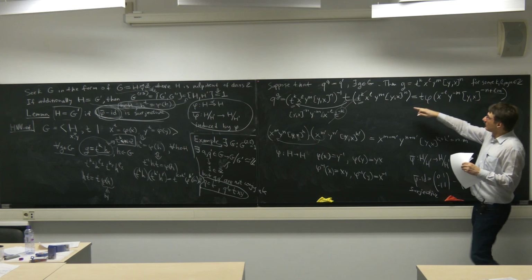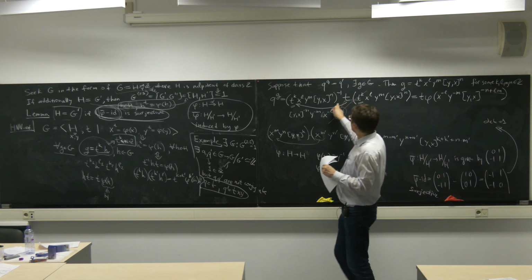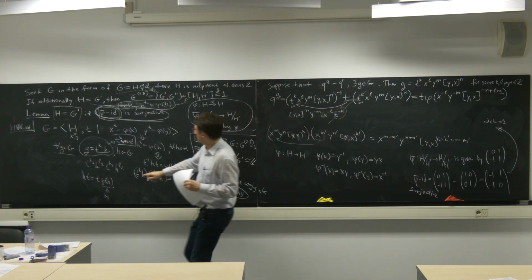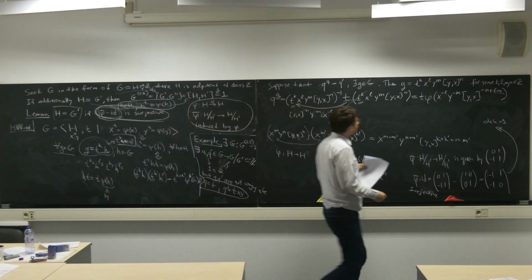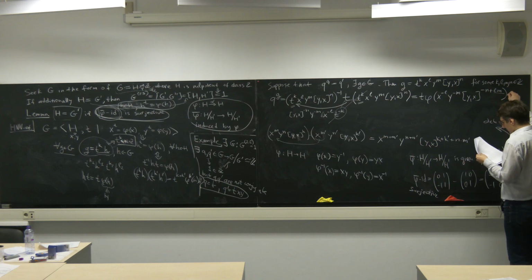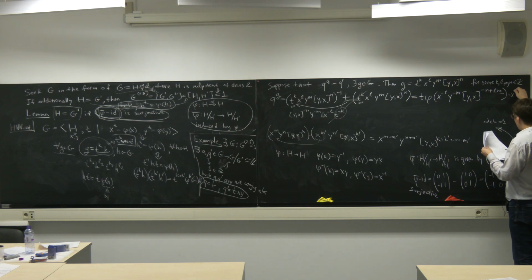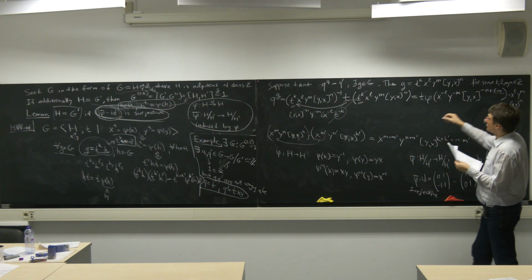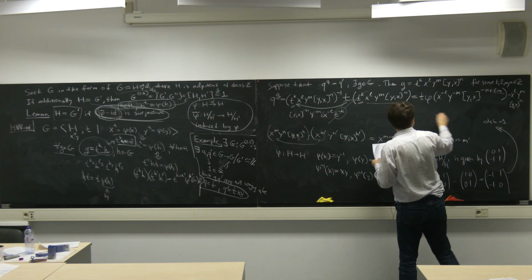And then I apply phi because I bring t to the left, and I'm using this identity, times x to the l, y to the m, and yx to the n. So this is just the same as we had.